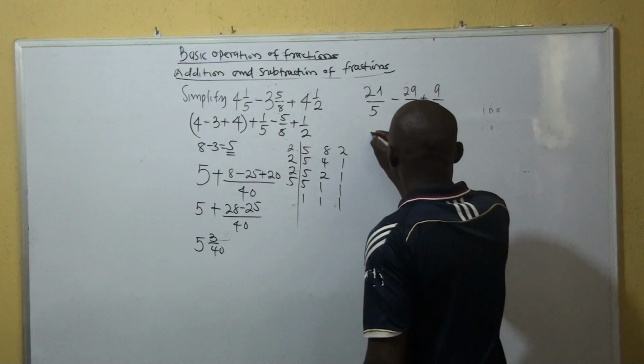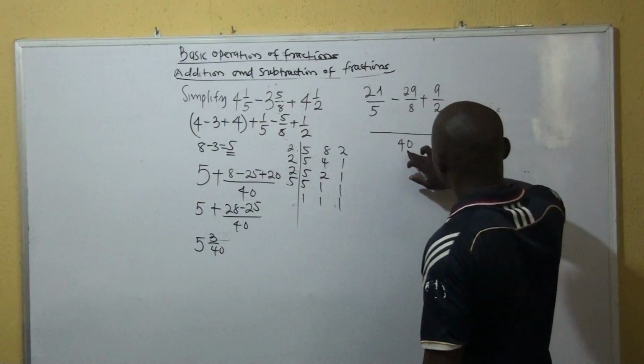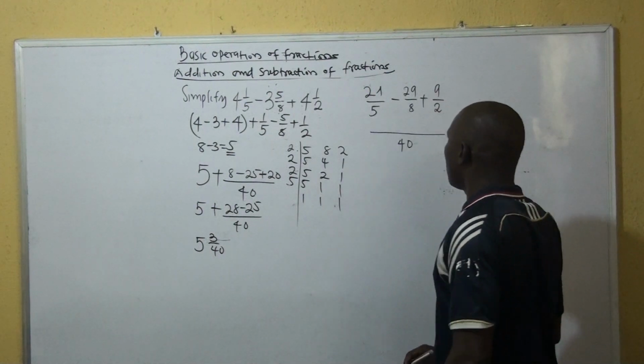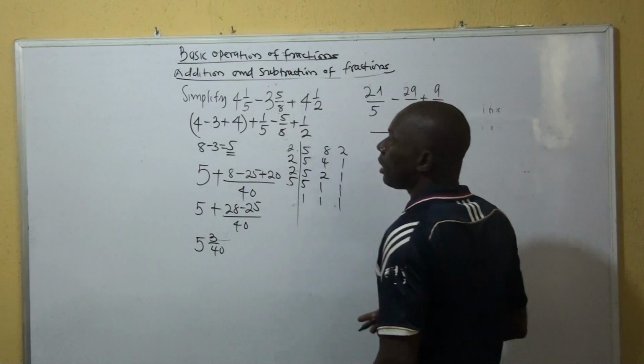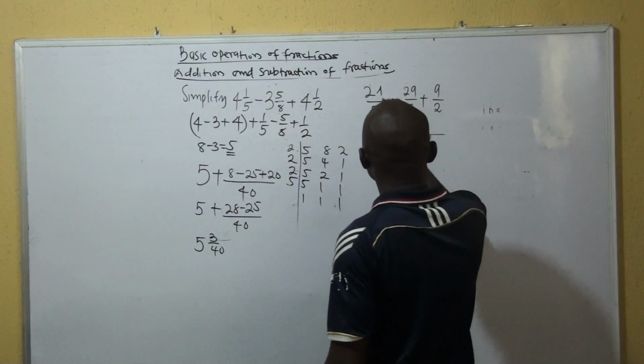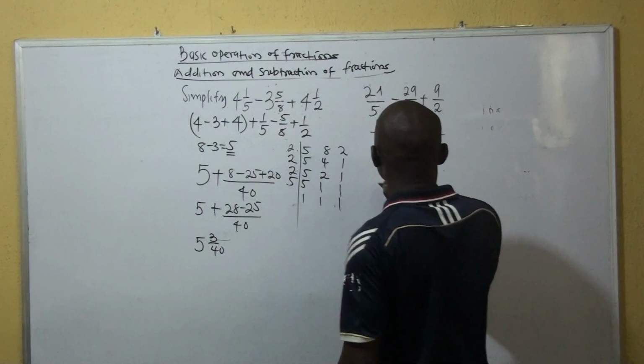We already know the LCM from before, that is 40. So all you need to do: 40 divided by 5 is 8. 8 times 21: 8 times 1 is 8, 8 times 2 is 16, so that means 168.